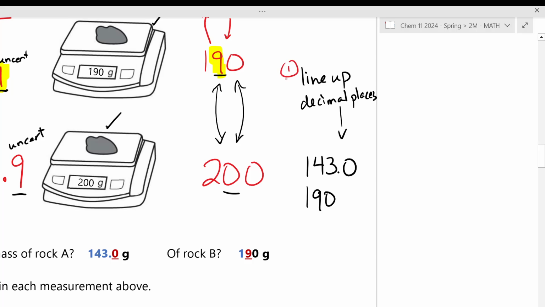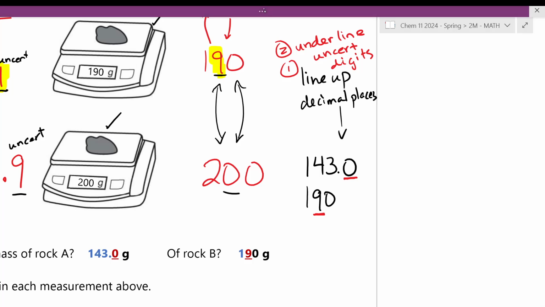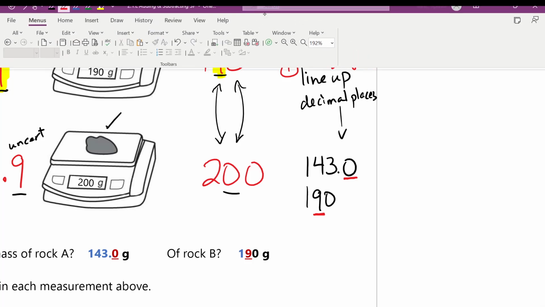So number 1, you line up the decimal places. Number 2, you underline the uncertain digits. So we've got this one was uncertain, and we agreed that the 9 was uncertain. And now we add it up.